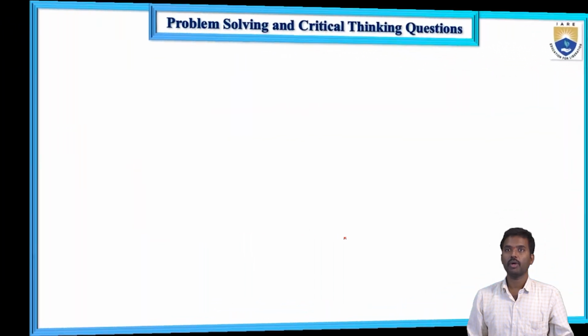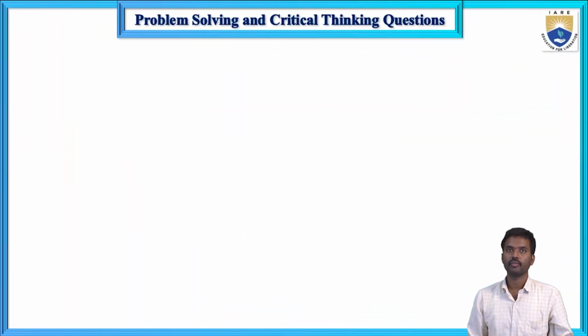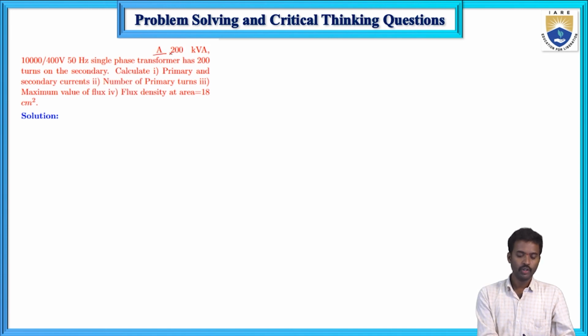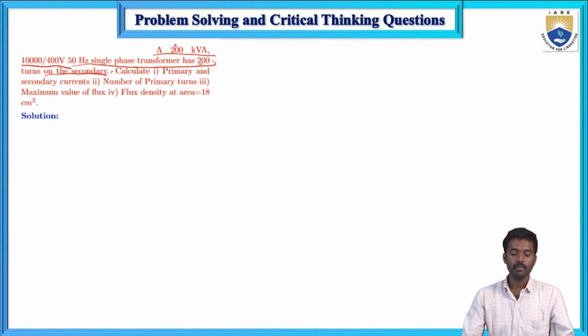And the next problem: a 200 kVA, 10 kilovolt by 400 volts, 50 Hz single phase transformer with 200 turns on the secondary. It is the same problem, only the numericals change, and the procedure is the same.